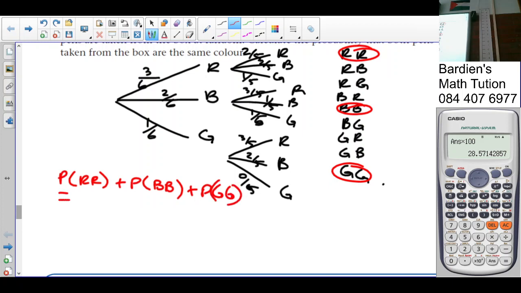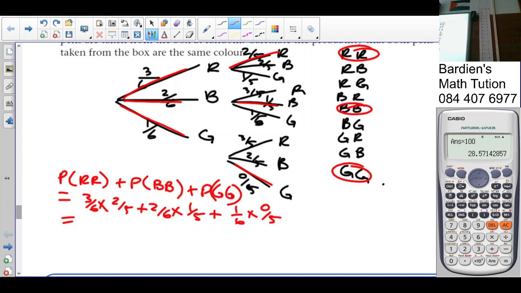So that would be 3 out of 6 times 2 out of 5, plus 2 out of 6 times 1 out of 5, plus both green, 1 out of 6 times 0 out of 5. Put it in the calculator, you get an answer.